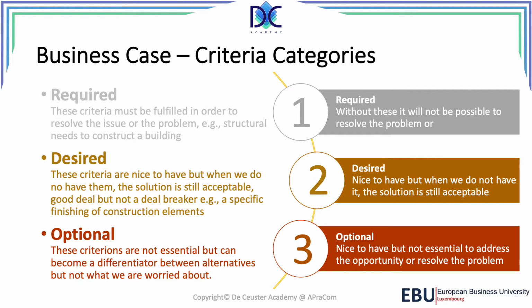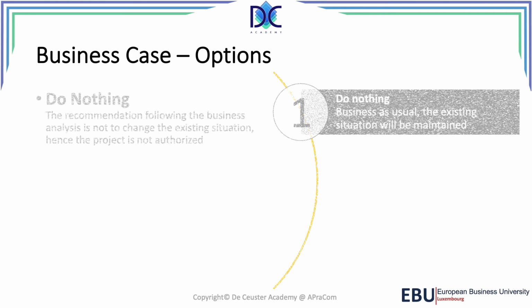And of course, optional elements we may have to decide later. Will you have, let's say, a different type of finishing of the walls or things like that? There are different elements that you can consider, but be aware that you have to look at the categories required, desired, and optional.